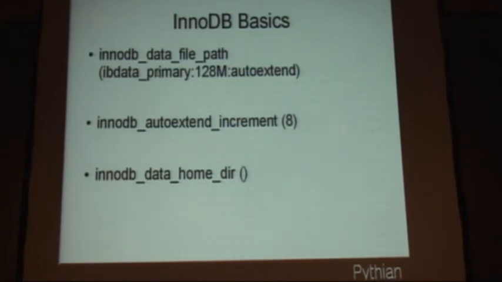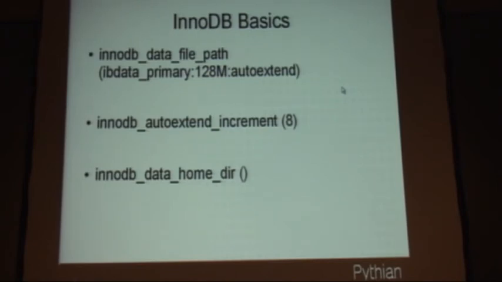It would be called IBData_primary. Usually this is IBData 1, IBData 2, is what most people do. Colon 128 meg means initialize it at 128 meg. Auto extend means now extend it out. You can also have colon max and have a maximum value for it, so you don't go over a certain amount. The auto extend increment is 8, and that's what it's going to auto extend by when it auto extends.